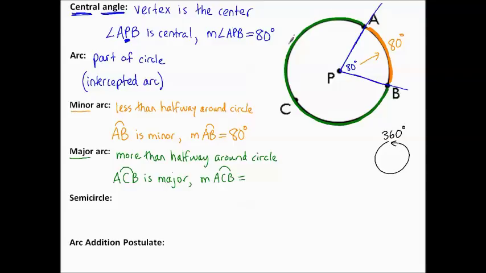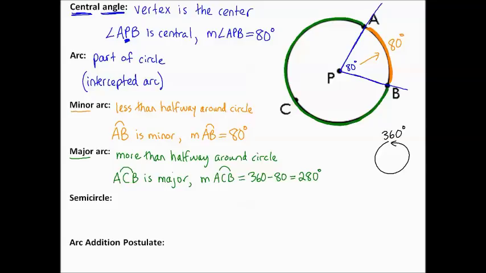So if we want the green part, the major arc, we don't want the part that's 80 degrees. When we talk about what we don't want, we want to take it away. So we're going to subtract what we don't want from the entire way around the circle. 280 degrees. Notice that's more than halfway.